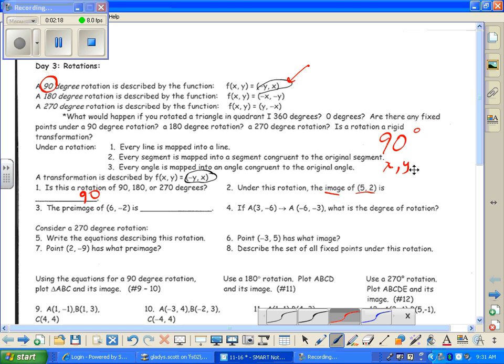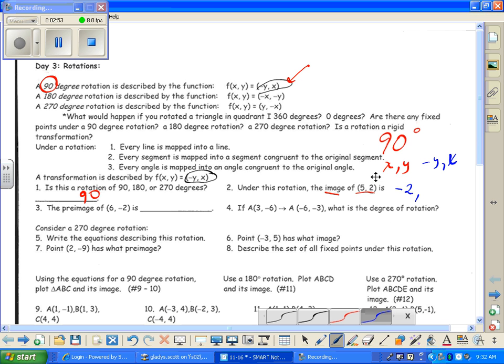With the 90 degree, we've already established that you have to change the position of the y and the sign of the y, so we make it (-y, x). So if we change the position and we change the sign, we're going to move the y, which is 2, and change the sign to make it a negative 2 in the x position.